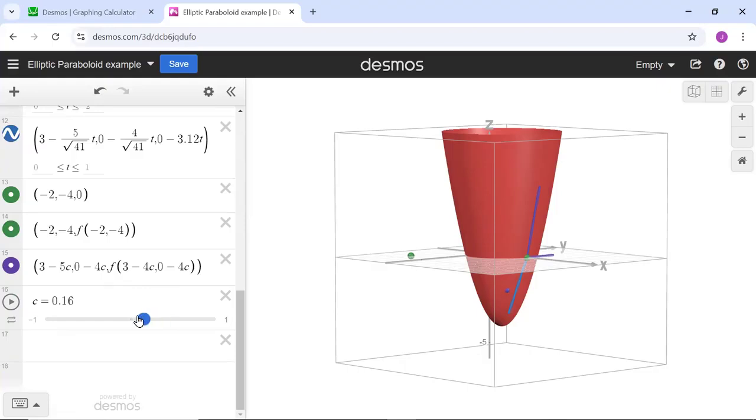So what's happening is that this purple dot, as it starts moving towards that direction, it hits this, and it has to go down along the curve, and then it'll turn and go back up. So initially at this point, we're going down and then back up.